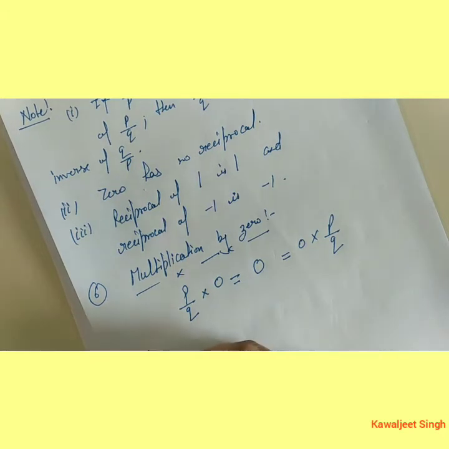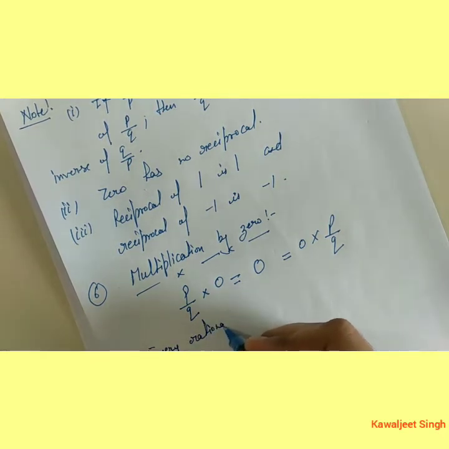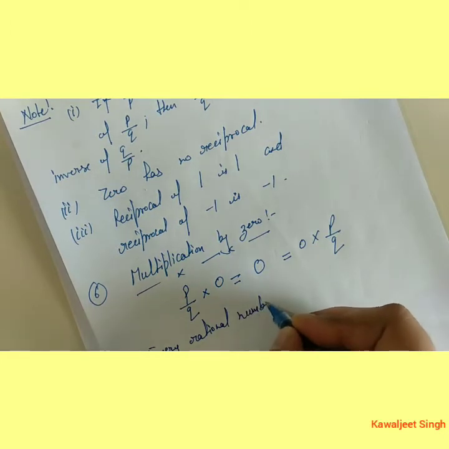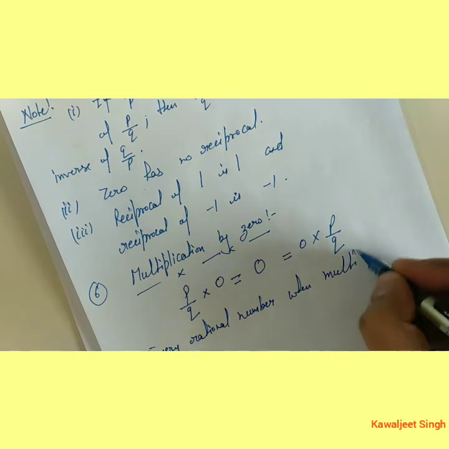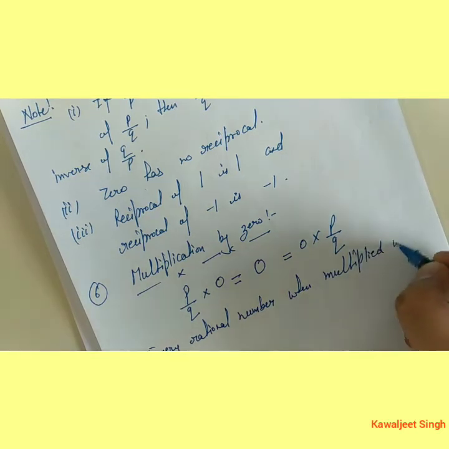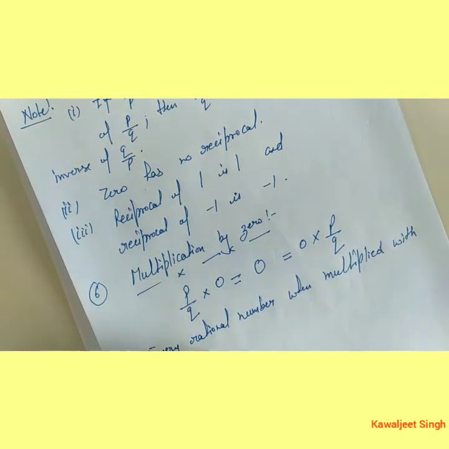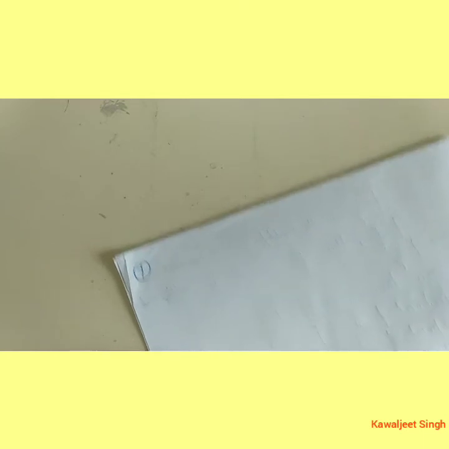In other words, we can say every rational number multiplied with 0 gives 0.